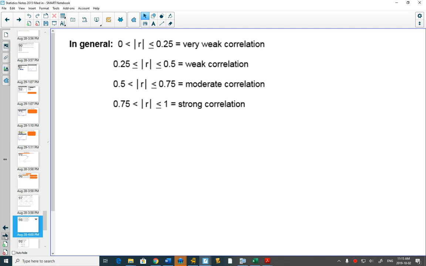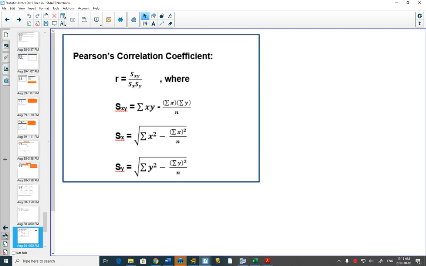So how do we calculate the correlation coefficient? Well, there are some nice nasty formulas, or we can just get our calculator to do it for us. But we've seen some of these SXY, SX, SY formulas before.